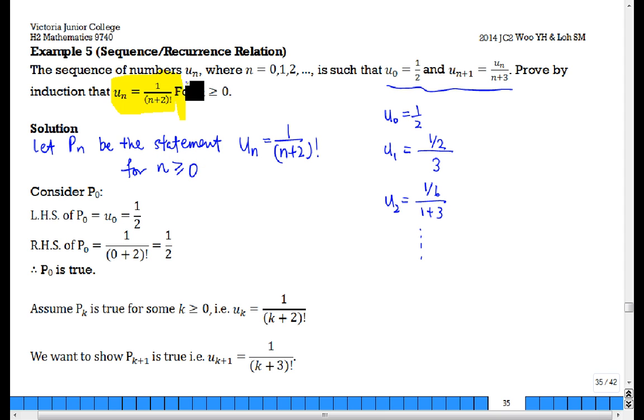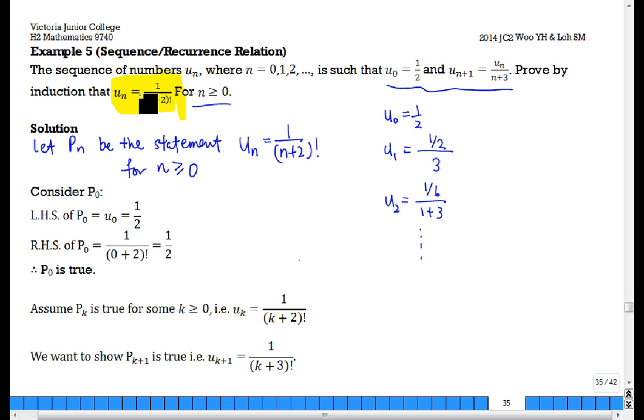Now in this case, they are quite kind, they give you this. For n larger or equals to 0, you just copy. So let's be very clear what you want to prove by induction. I repeat, it's not the recurrence relation, it is this explicit formula that they want us to show. Usually they want you to show the explicit formula.